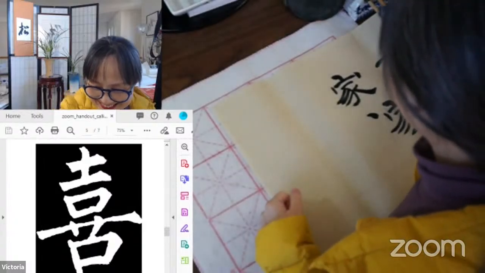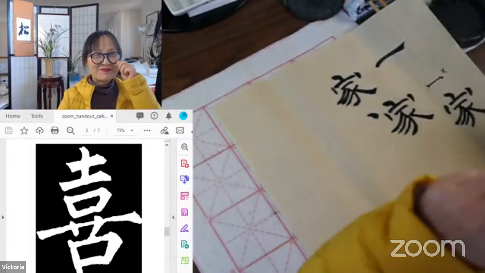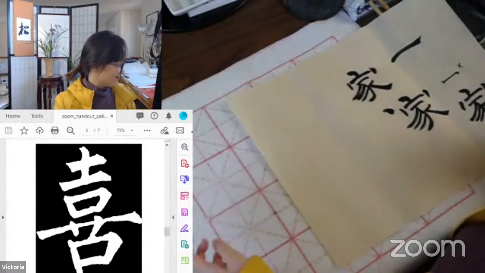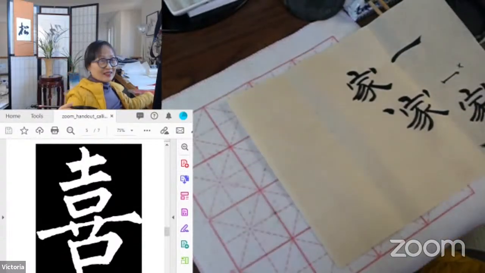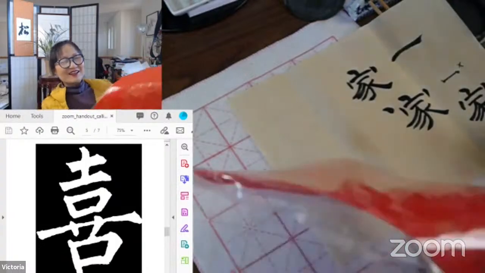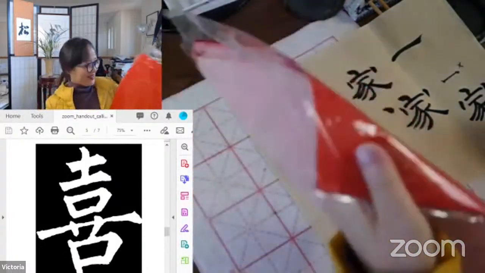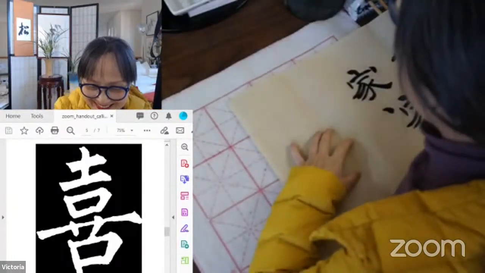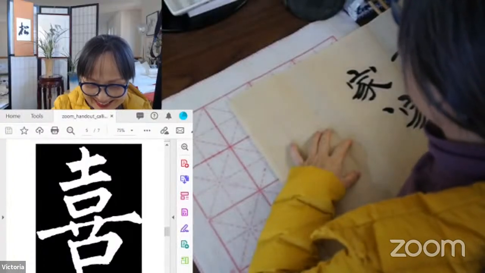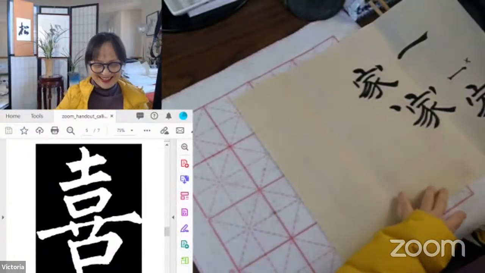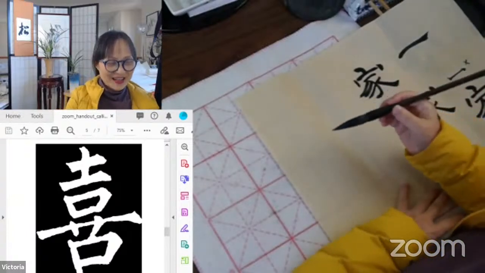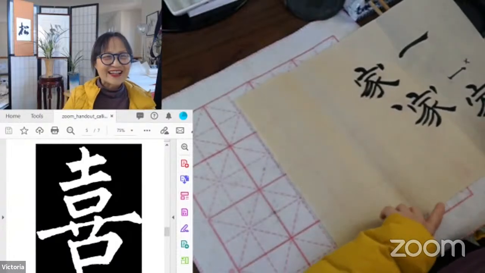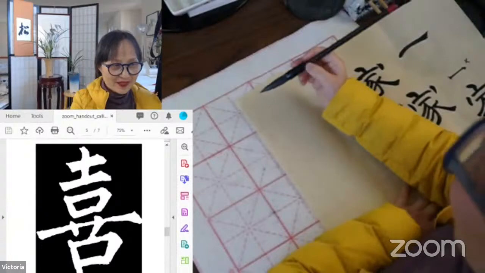Because I have made magpies and given them away to my friends who get married. See, I have red paper here. I make the magpies and then I write the double happiness. I guess you probably got commissions for that.